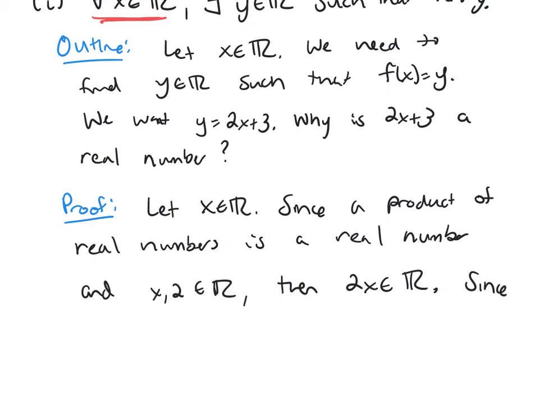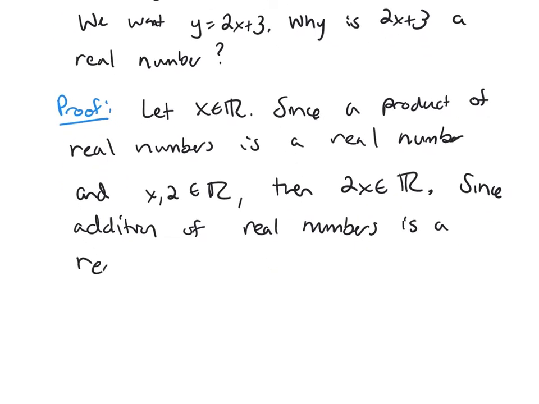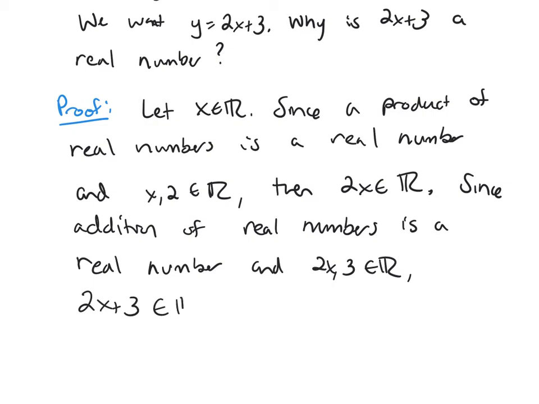Since addition of real numbers is a real number, and both 2x and 3 are real numbers, then their sum, 2x plus 3, is in R, and y equals 2x plus 3, which is f of x.